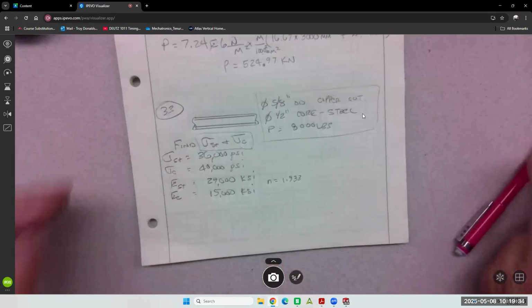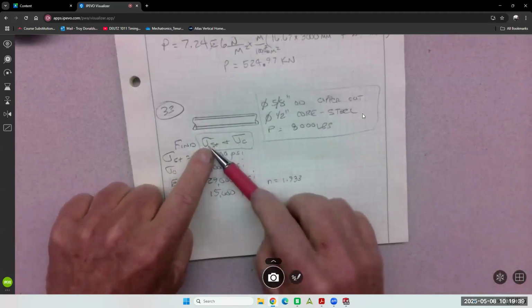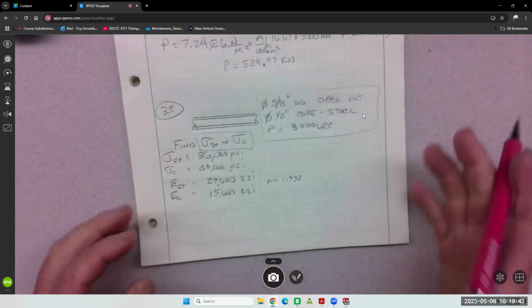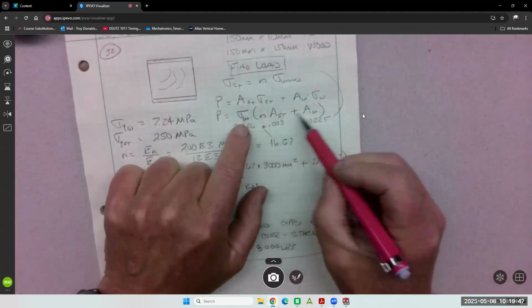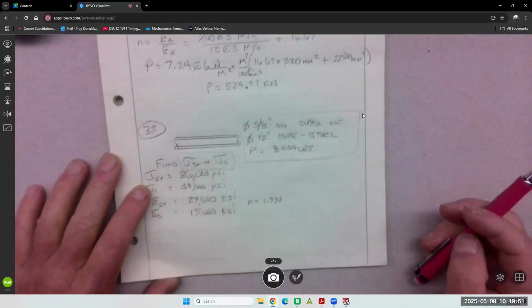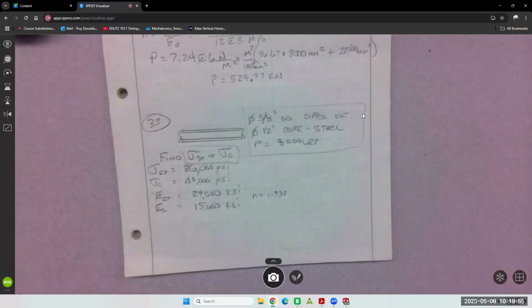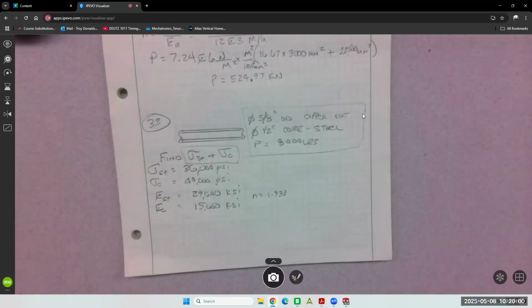All right. So we want to know what's the stress in both of these, and potentially neither one is at the limit. So we don't use this formula, because this is the formula we want to use for the limit. How are we going to do this one? You said P to 8,000.